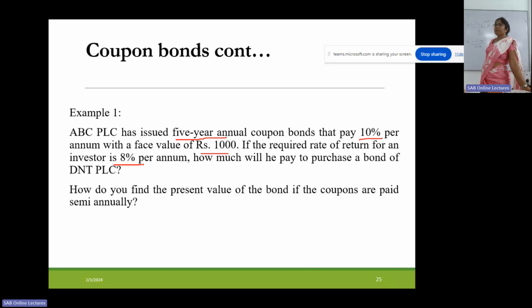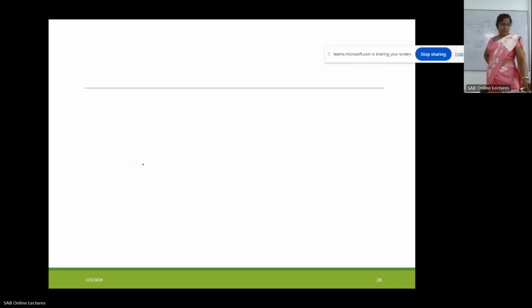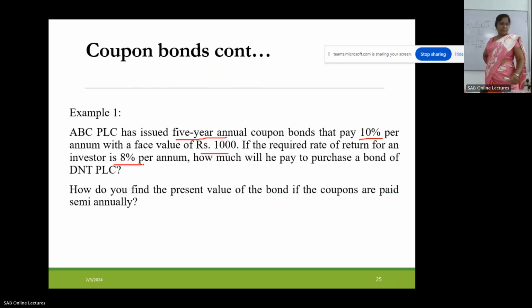What is the intrinsic value? 1000. Thousand 79, so 1079.